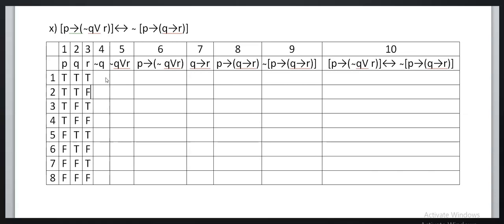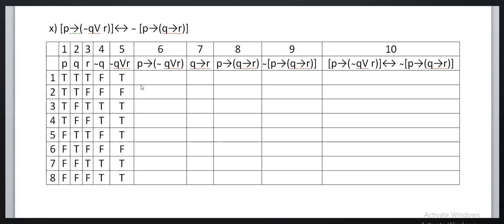Negation of Q is FFTT. Now R between the third and fourth is T. First is T, then F, T, T, F, T, T. Then P implies, that is the first implies the fifth.